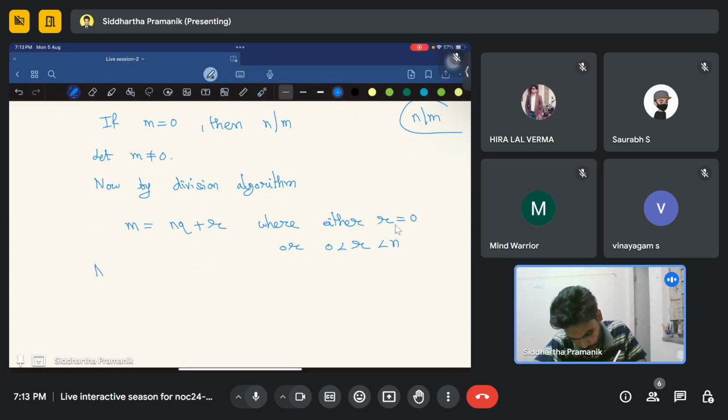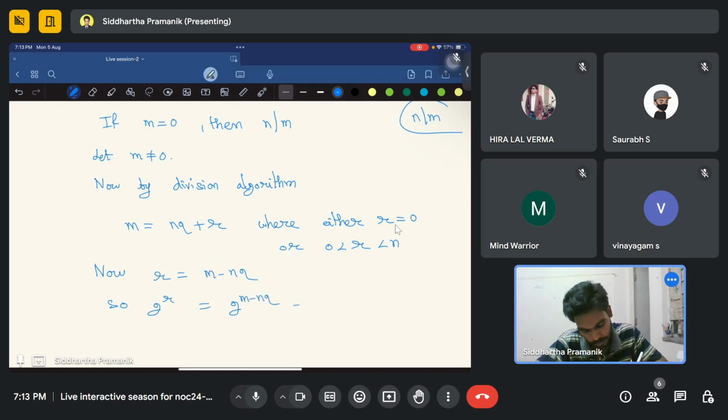Now r is equal to m minus nq. So what is g power r? g power r is g power m minus nq, and this is the same as g power m times g power minus nq.